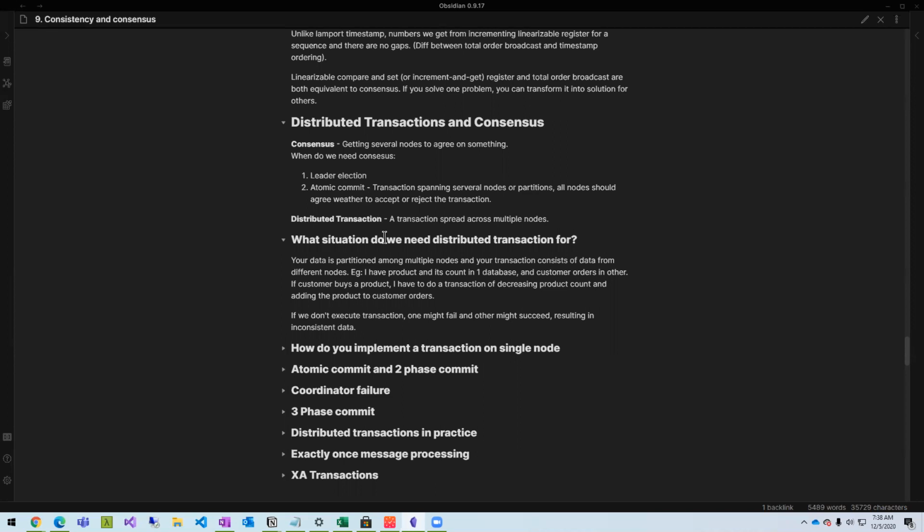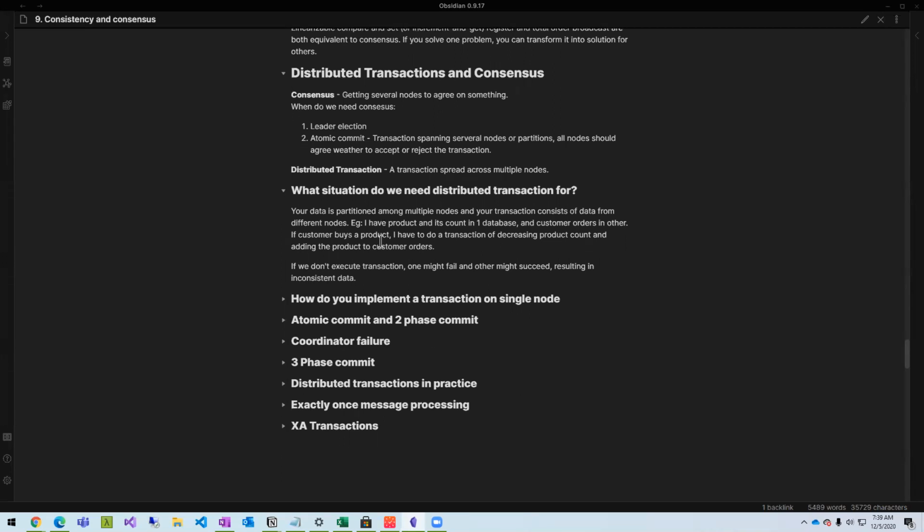An example: I have two different databases on two different nodes, one with a product count and one with customer orders. If a customer buys a product, I have to both decrease the product count and add that product to customer orders. Both things should succeed at the same time. If one of them succeeds and another does not, then we might have our system in an inconsistent state, right?